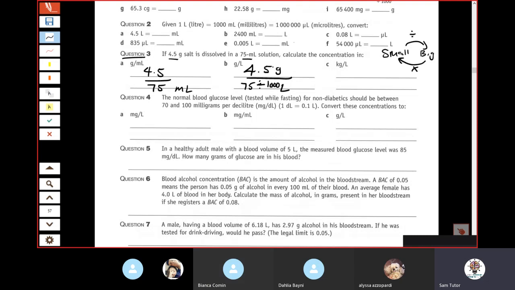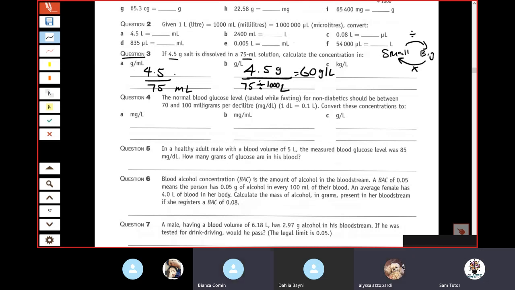And that would be exactly how you would write it in your calculator. There's still a fraction sign and there's still a division. If we all put that in, we should get 60 grams per liter.